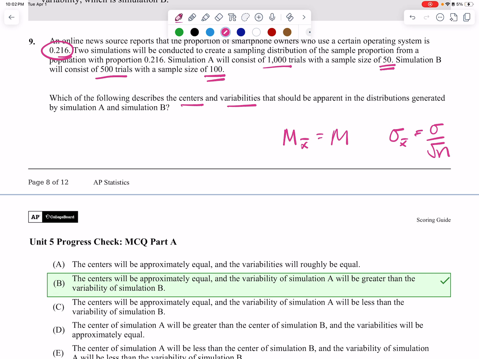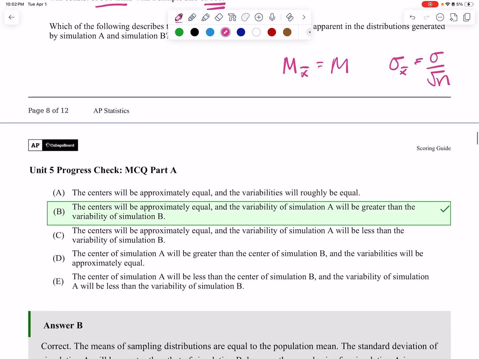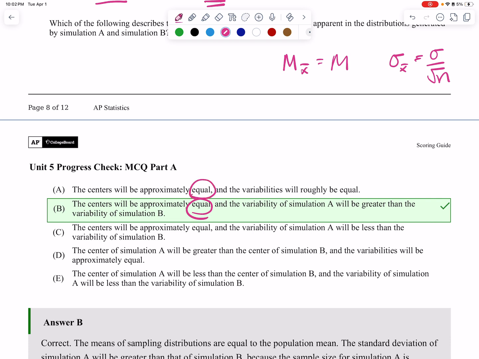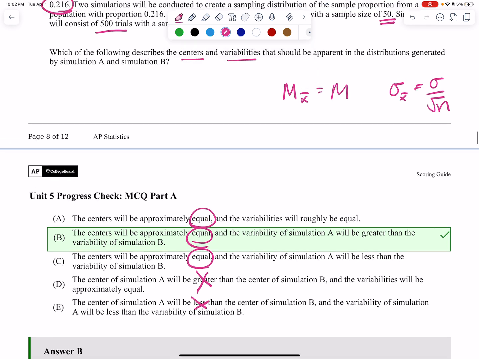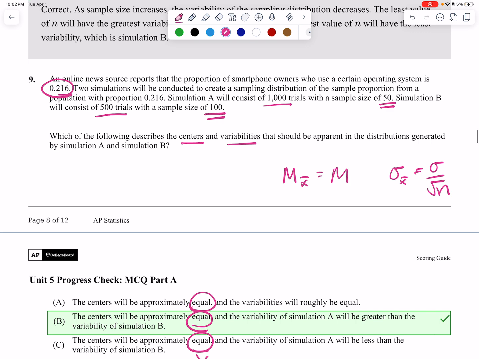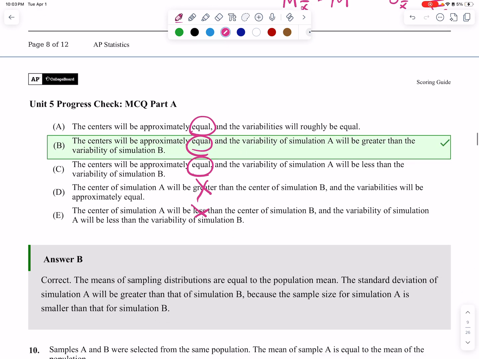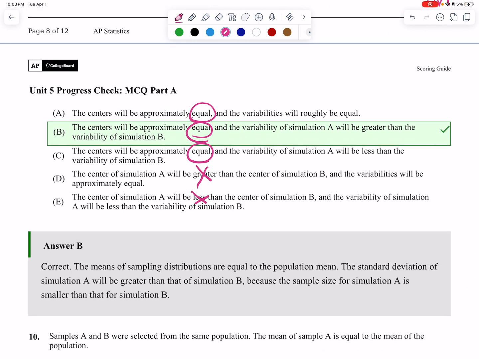So the centers are going to be the same, so this says equal, this says equal, so it's not these. And the variability: A is 1,000 trials of a sample size of 50, and B is 500 trials with a sample size of 100. As you can see, the standard deviation of simulation A is going to be greater than B, because the sample size of A is smaller than B.